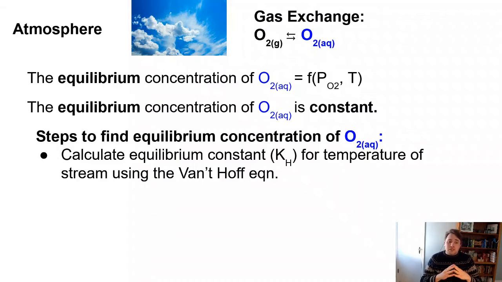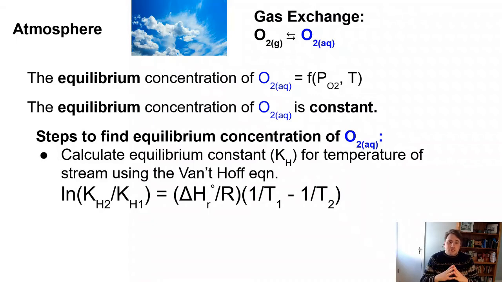You'll recall from previous lectures that this is the Van't Hoff equation. KH1 is the equilibrium constant at your temperature 1, which is our standard temperature, 25 degrees Celsius. And KH2 is the constant that we're trying to solve for, which occurs at temperature 2, which is just an arbitrary temperature that we can set for our stream.